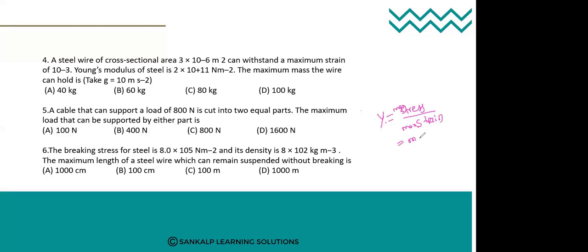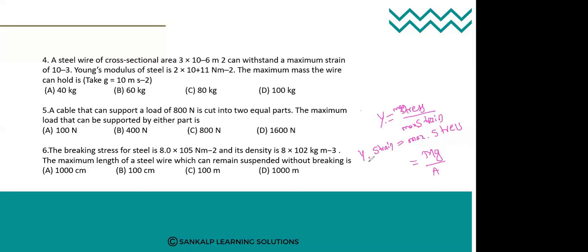So maximum stress is equal to Young's modulus into the maximum strain. As we know that stress is equal to, what is the formula? Force by area. So force is equal to mass into acceleration upon area. You write it as it is.